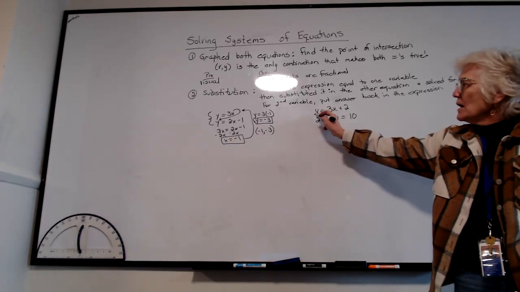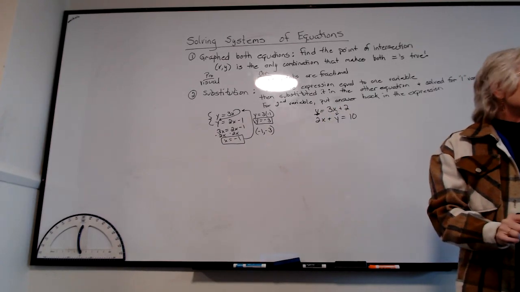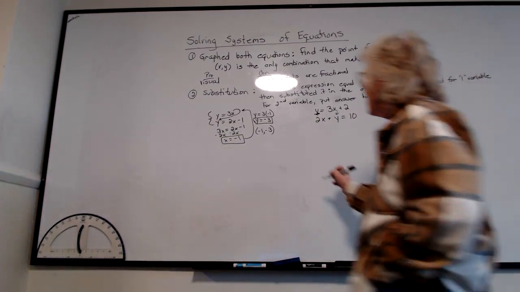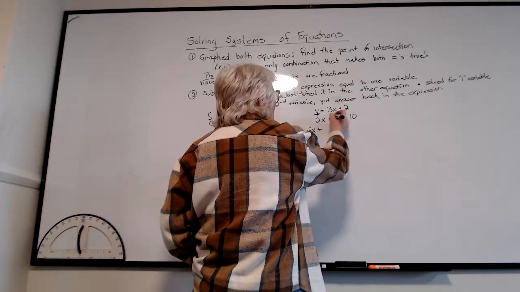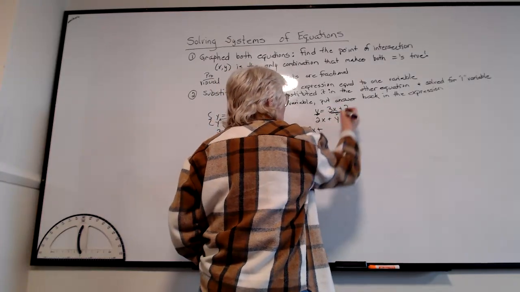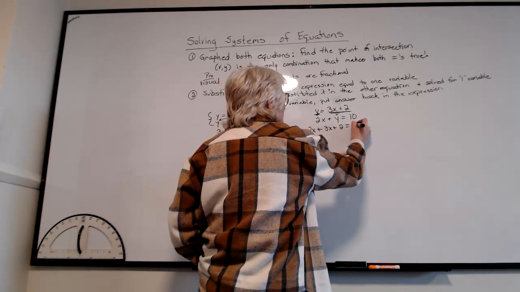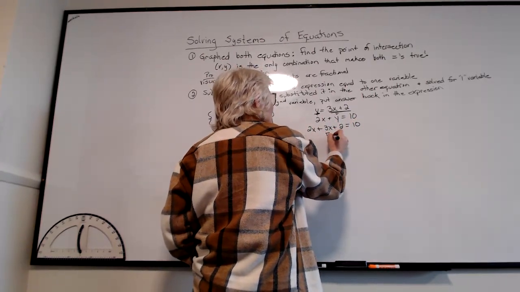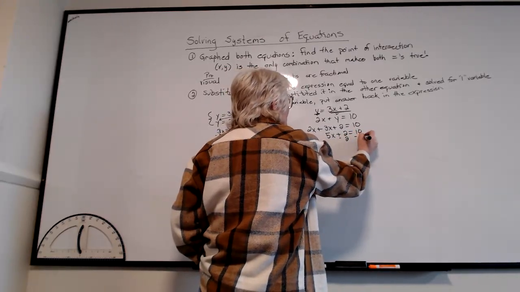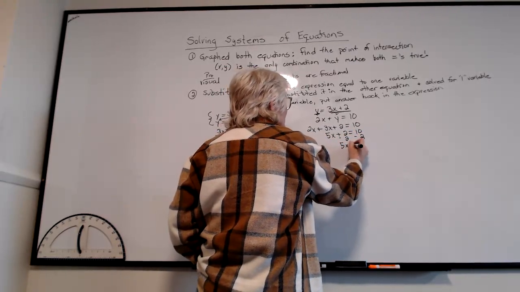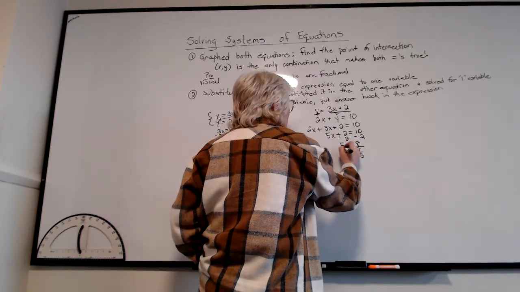But I know what y is, so I can plug that into the other equation. So what we get is 2x plus, where the y is, I'm going to write 3x plus 2. 3x plus 2 equals 10. Now I can combine: 5x plus 2 equals 10, subtract 2, get 5x equals 8, get x equals 8/5.